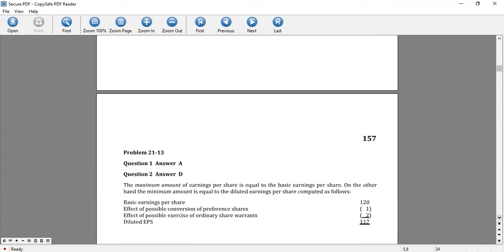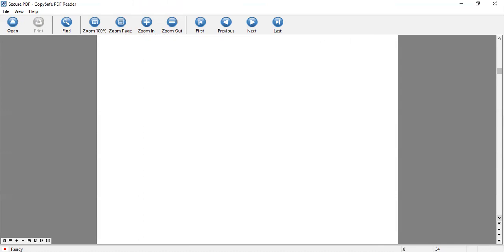On the other hand, the minimum amount is equal to the diluted earnings per share, computed as follows. So we have diluted earnings per share of 117.